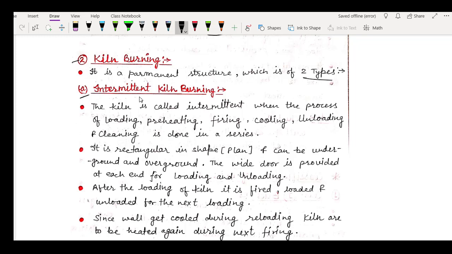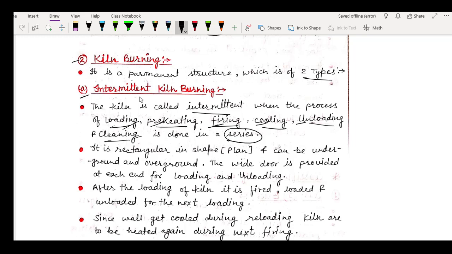First is intermittent kiln burning. The kiln is called intermittent because the process of loading, preheating, firing, cooling, unloading and cleaning is done in a series, in a certain time.